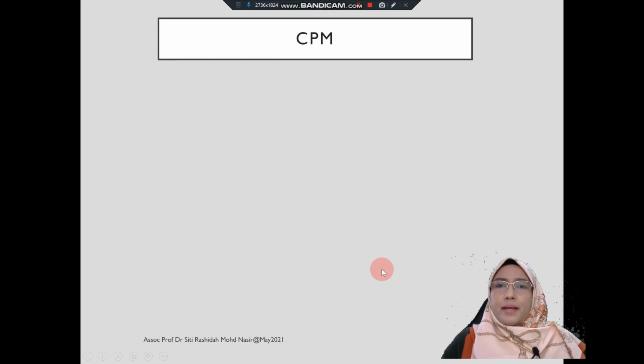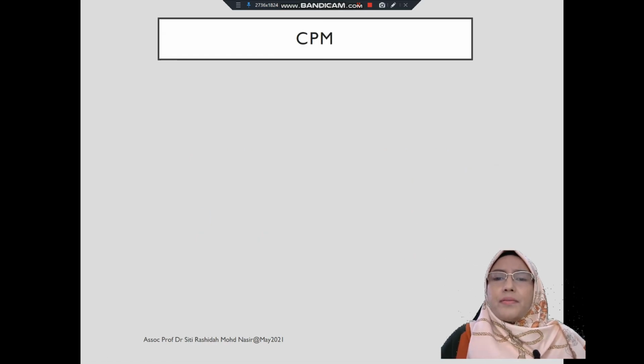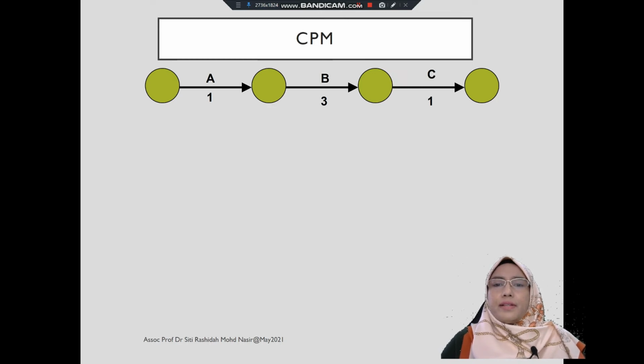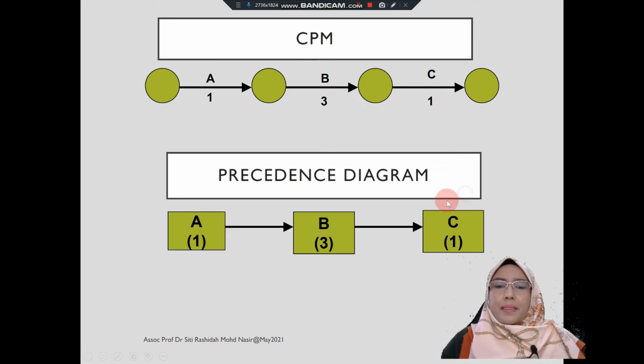So in CPM, critical path method, the activity is drawn in this manner, where activity A followed by activity B followed by activity C. But in precedence diagram, the activity is drawn in this way. Activity A, 1 day, followed by activity B, 3 days, and activity C, 1 day.